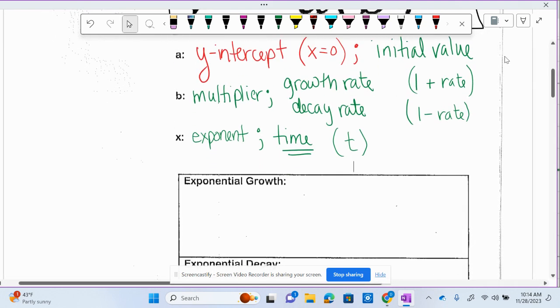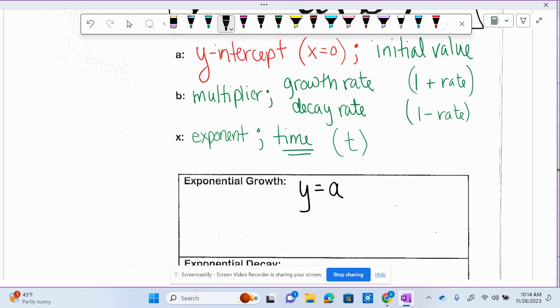So let's look at exponential growth. Let's talk about what that equation looks like. So it looks like this. Y equals A times 1 plus my rate to the power of X. A is my initial value.